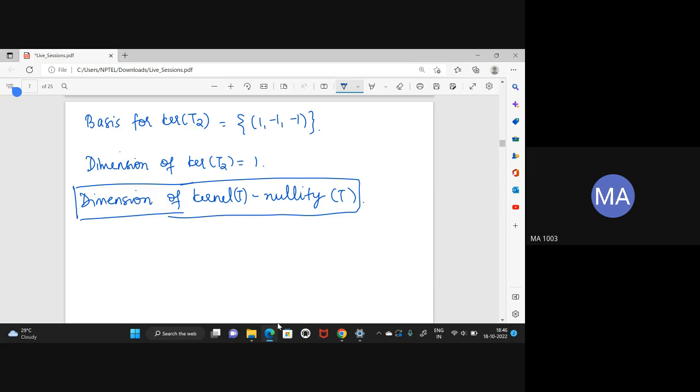So the dimension of the kernel is called the nullity of the linear transformation. Is it clear till here? If the nullity is 1, we can substitute in the rank plus nullity theorem and find out the rest of the things, right?